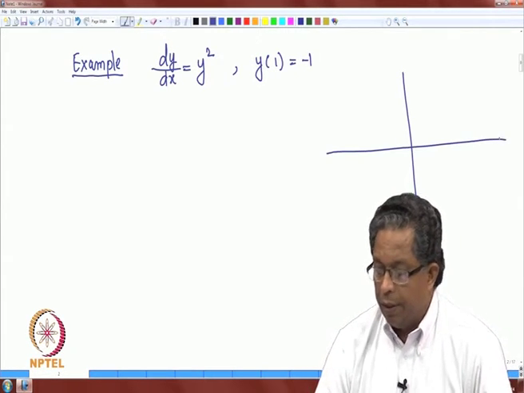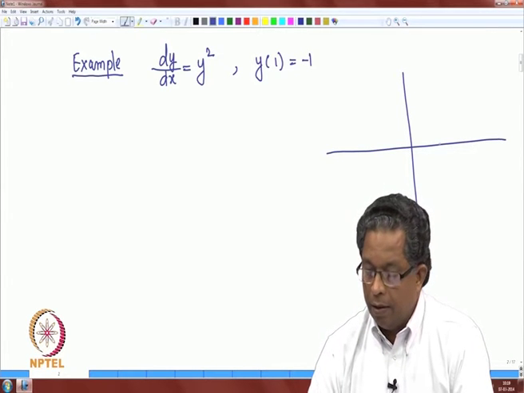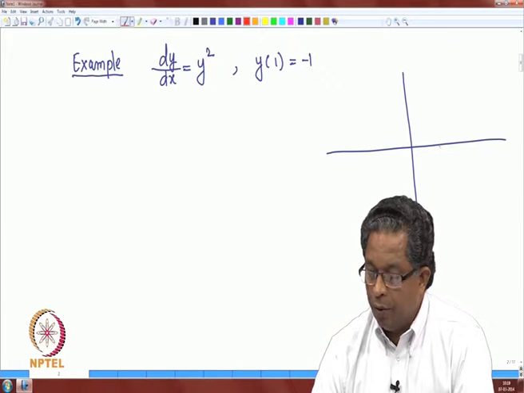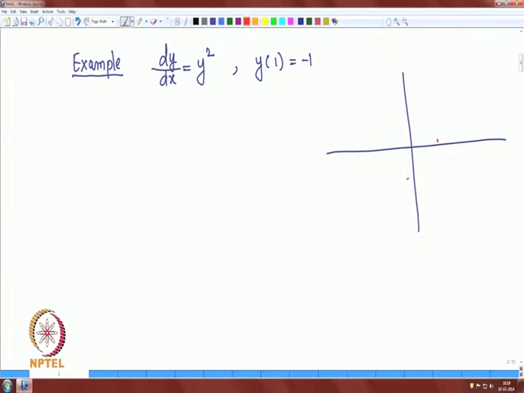In the x y plane, the initial point is 1, minus 1.